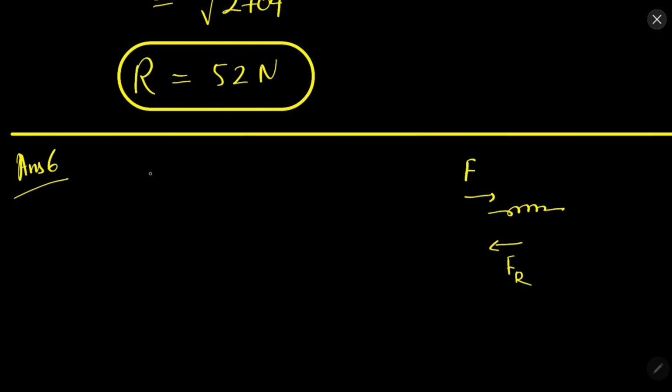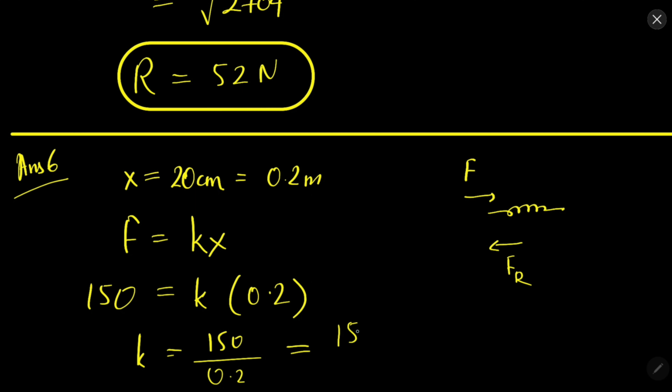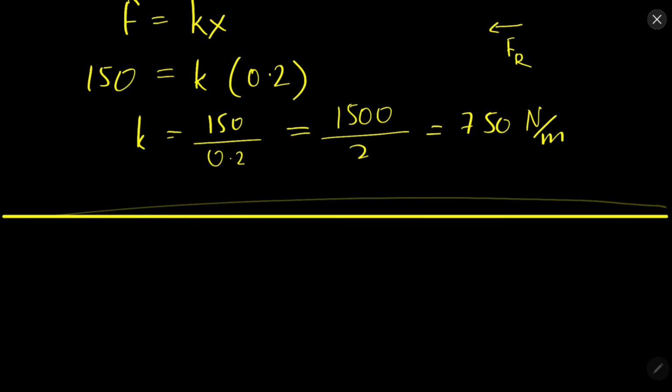So we know that the compression is 20 centimeter, that is 0.2 meters, and we know that the force of restoration is minus kx, or you can only use kx right now. So the force is 150, k is unknown, we have to find this, and the displacement is 0.2 meters. So k will be equal to 150 upon 0.2. So it will give us 1500 upon 2, that is 750 Newton per meter. So this will be the spring constant.